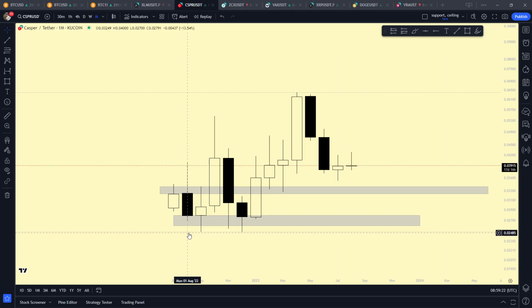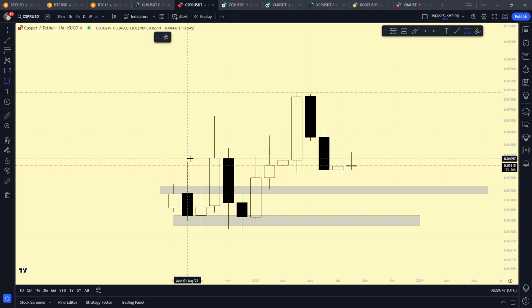You can also see that these wicks can actually go above the resistance or below the support to grab some liquidity because there are stop losses here, like I just told you. There's a lot of volume, and the market needs volume to make a big move. That's what we see here as well.